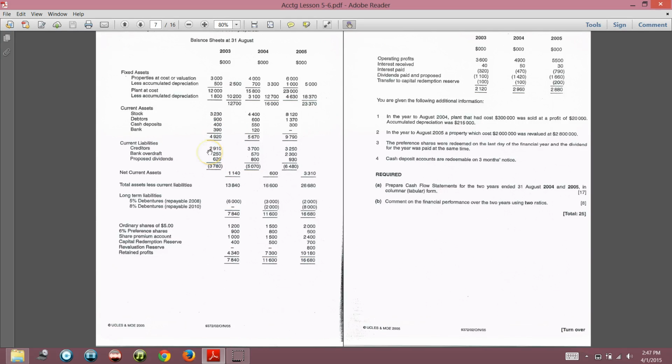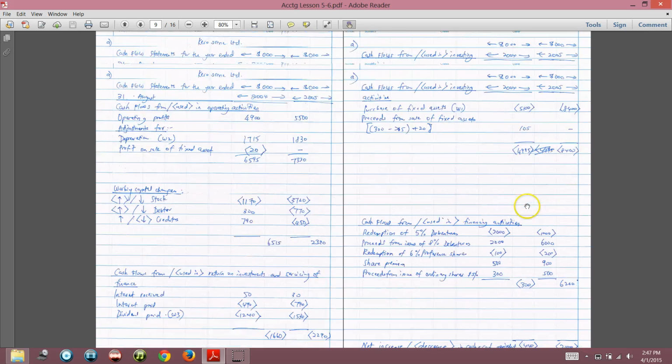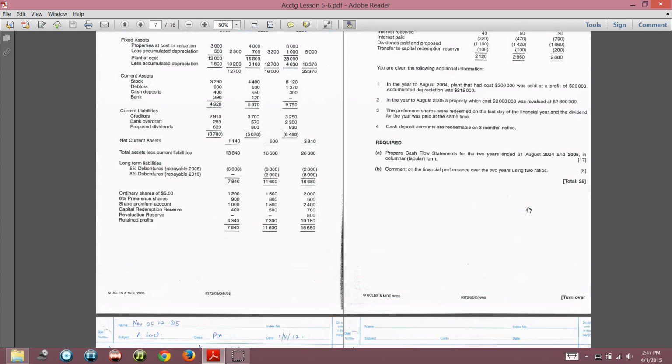Take your calculator: 400 plus 390 minus 250 is 540. So cash and cash equivalent at the beginning of the year is 540. That's why I write the number here, because it's easy to get the figure from there.